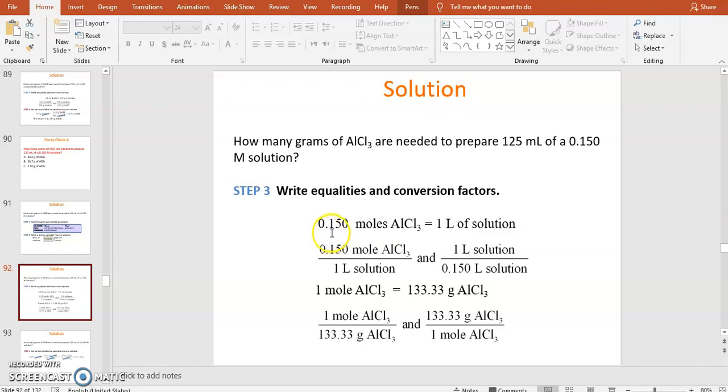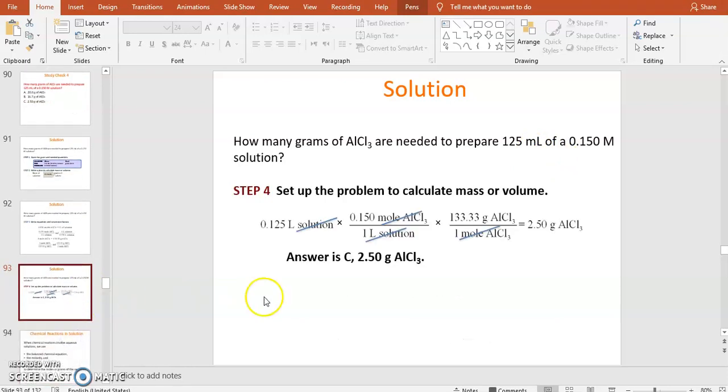So we can say that 0.50 moles of this AlCl3 dissolved in 1 liter of the solution. And then this is the equality, and those are the two conversion factors. And then we do have 125 mLs of the solution, so we can figure out the AlCl3.